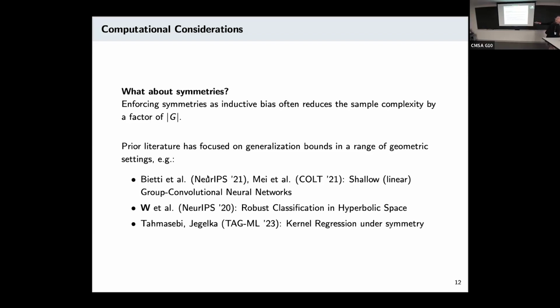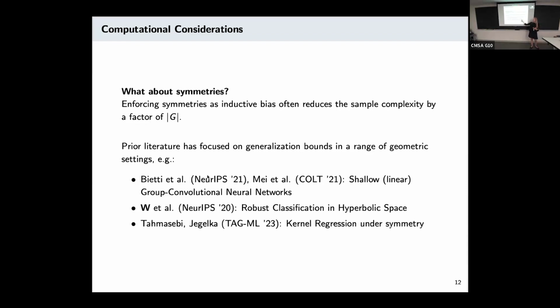That's been analyzed in a variety of different settings. The first one here, for instance, is group convolutional neural networks, a very widely used instance of the equivariant neural network that we saw earlier. Then from my group, with collaborators at Google, we looked at classification problems in hyperbolic space that would also fit into this setting.